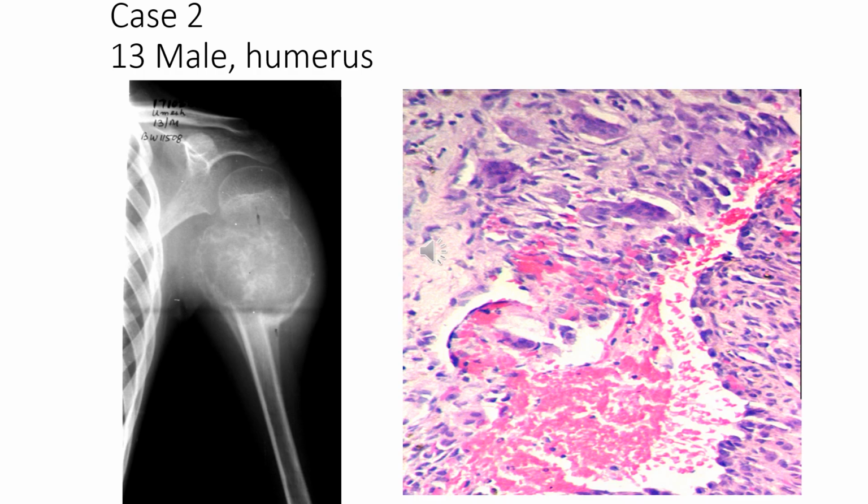Now look at the histology section. In the upper half, you see numerous giant cells similar to the giant cell tumor, and in the lower half, you see abundant blood in these so-called spaces. So this is actually an aneurysmal bone cyst.